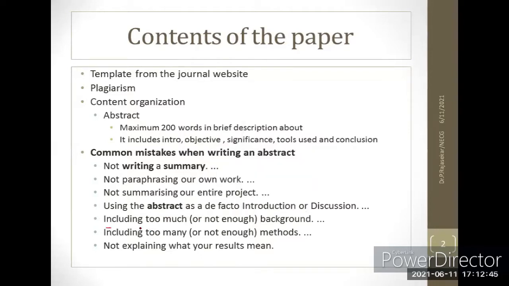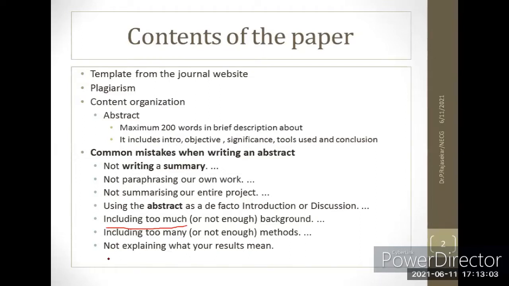One more thing: it should not have too much background or too much information. It should be crisp and brief, one paragraph, and not more than 200 words. That is important.